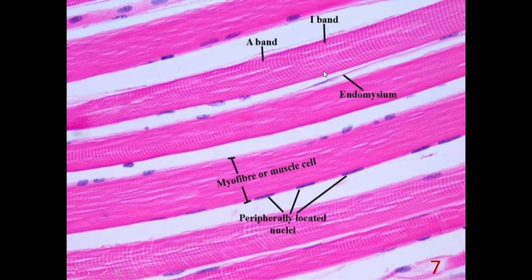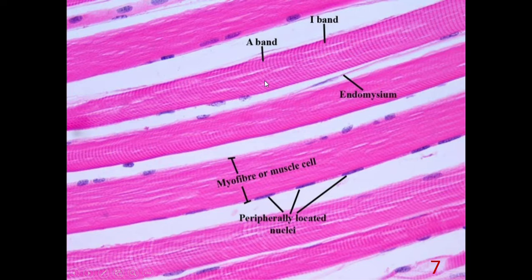In another section, this is a myofiber or muscle cell, this is another myofiber, and this also. This myofiber has peripherally located nuclei.